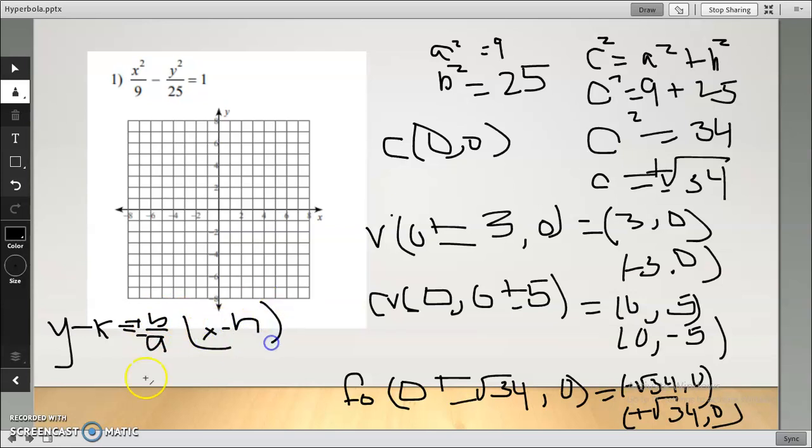So let's plug in what we have. That's y minus 0 equals plus or minus 5 over 3 times x minus 0. So that's just y equals plus or minus 5/3 x.